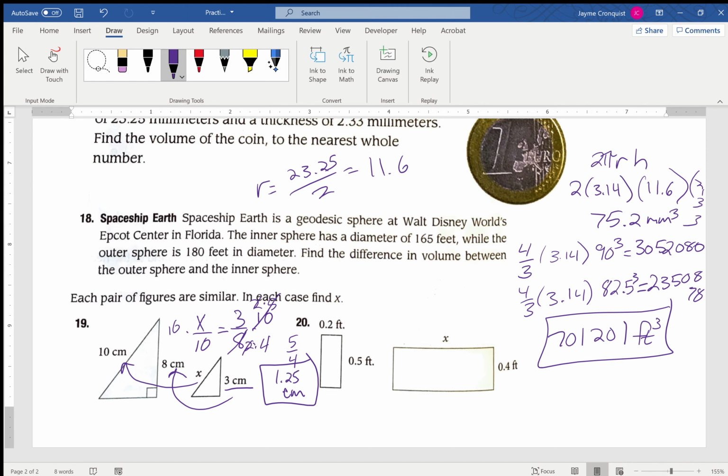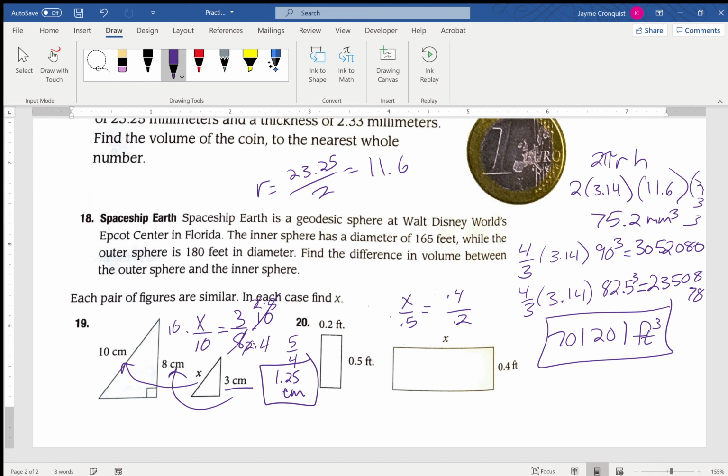Okay, so we have x over the long side, which is 0.5, is equal to 0.4 over 0.2.